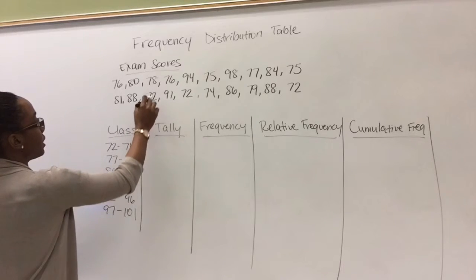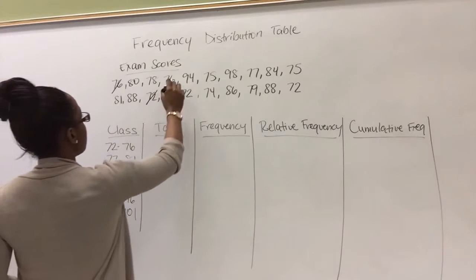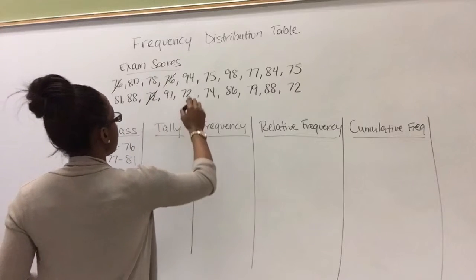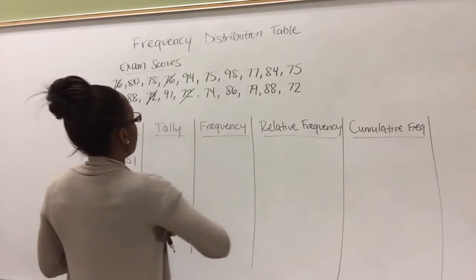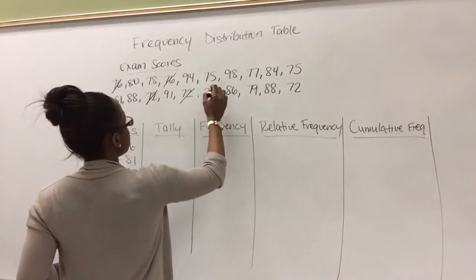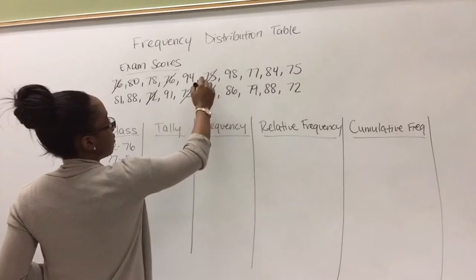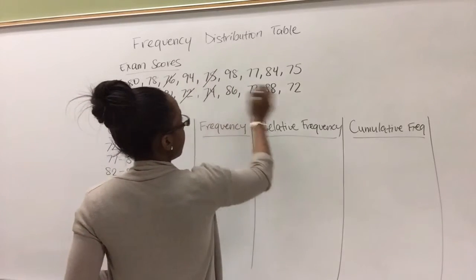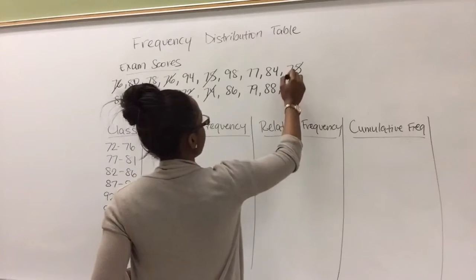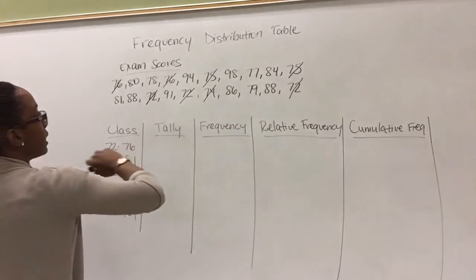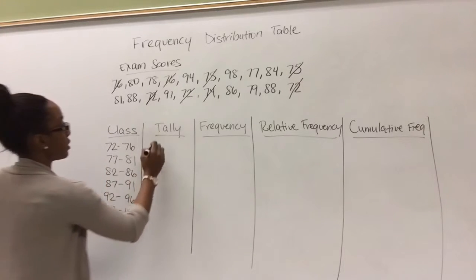So 72, we have 1, we have a 76, that's 2, another 76, 3, another 72, that's 4, a 74 making 5, 75 making 6, and 72 making 7, and 75 making 8. So that's all there. So that's 8.